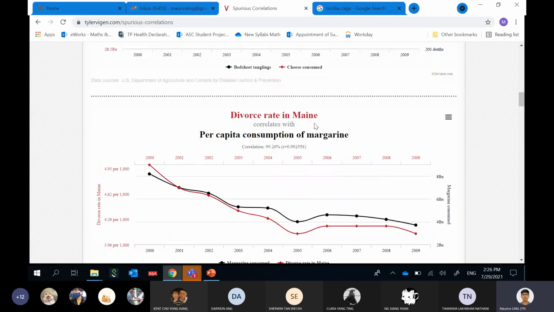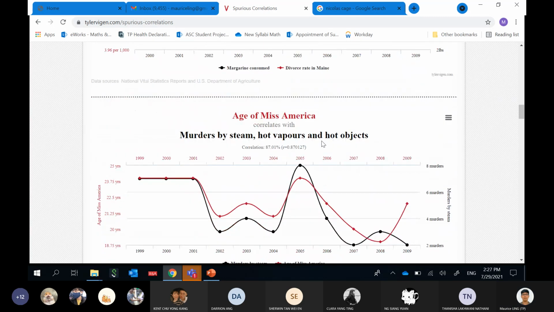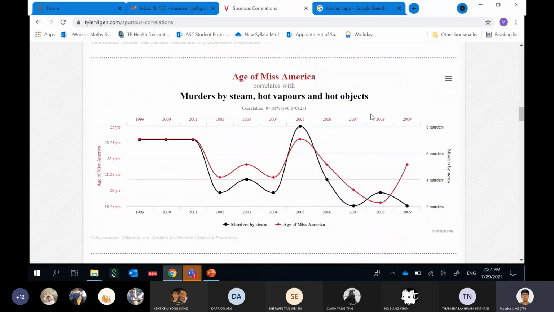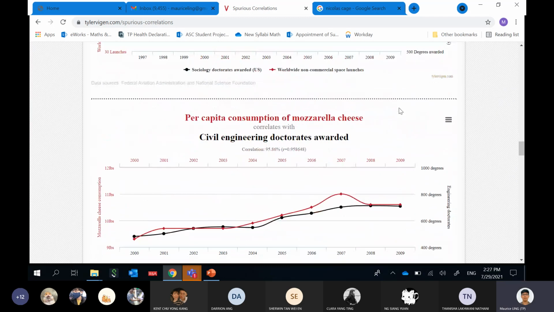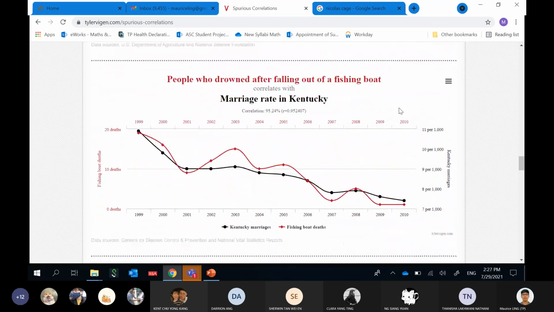Divorce rates in Maine, which is a state in the northeast of America, are very well correlated, 0.99, with margarine consumption. Miss America with murder by steam and hot vapors. What else?